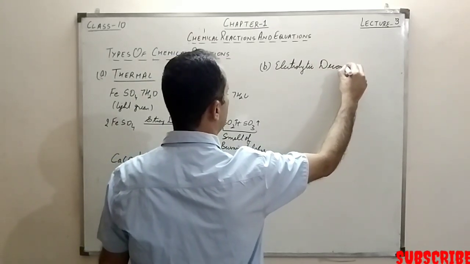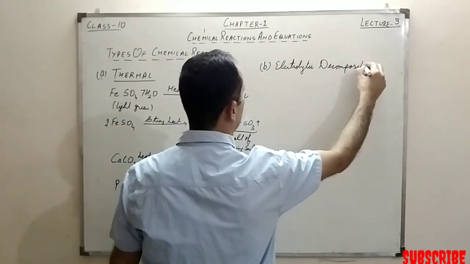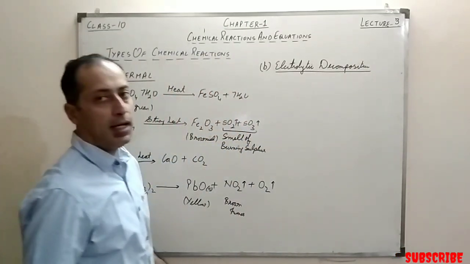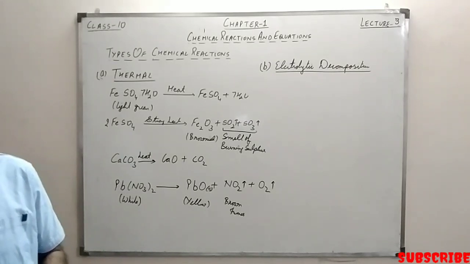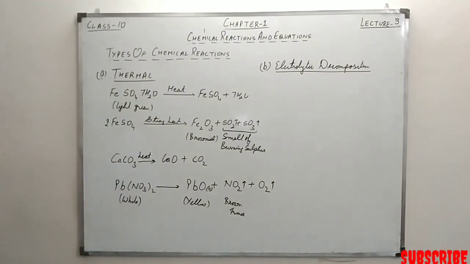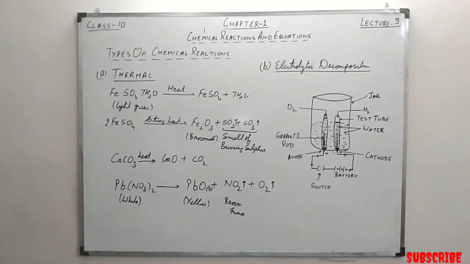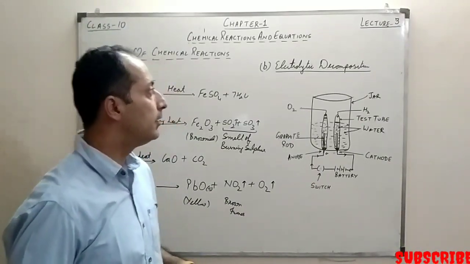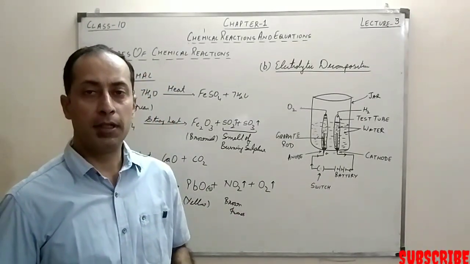Now, for the decomposition of water, we have to prepare an apparatus which helps us to show the decomposition of water. You can see I have already drawn the diagram for the decomposition of water.